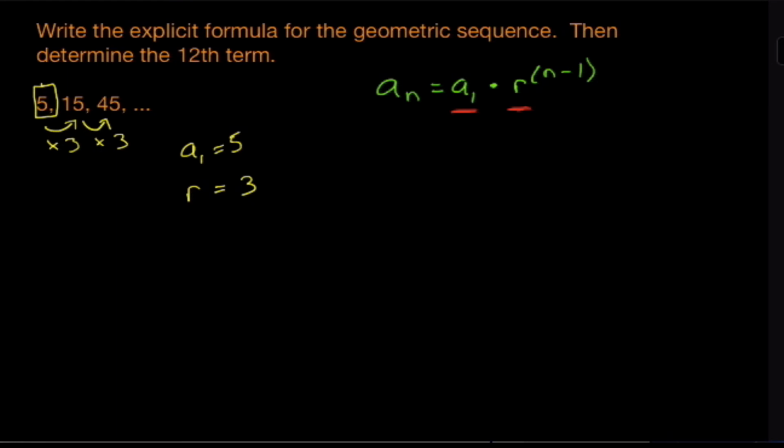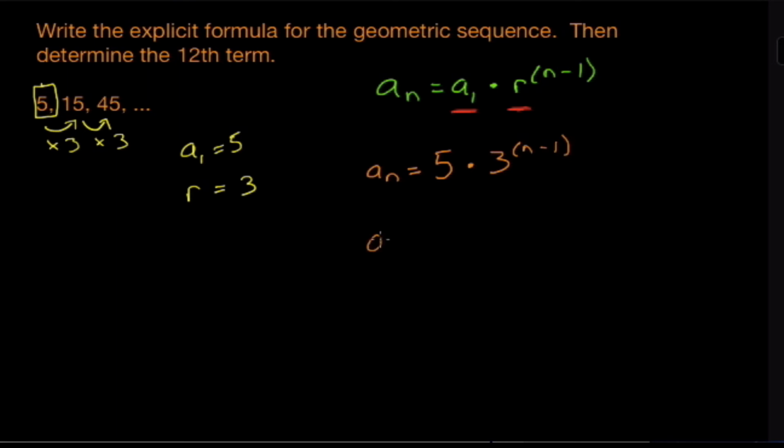Our explicit formula is a sub n, the nth term, equals our first term, 5, times our common ratio, 3, raised to the n minus 1 power. Now our next step is to determine the 12th term.